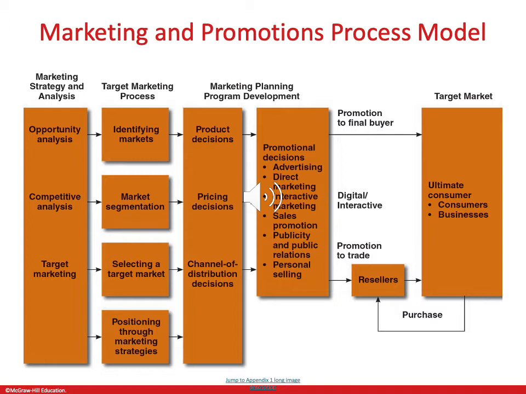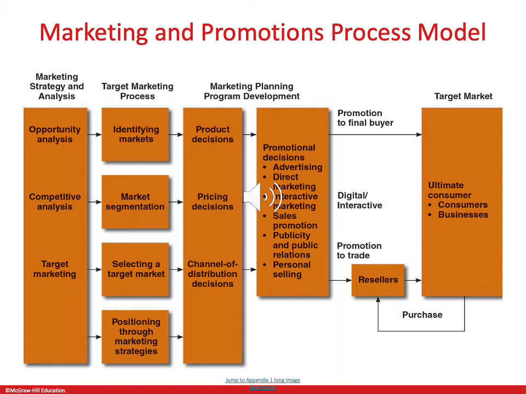Then based on that, we kind of get into the target marketing process, right? So we understand our opportunity. Now we're starting to identify markets that make up that opportunity. Then we do some market segmentation, right?